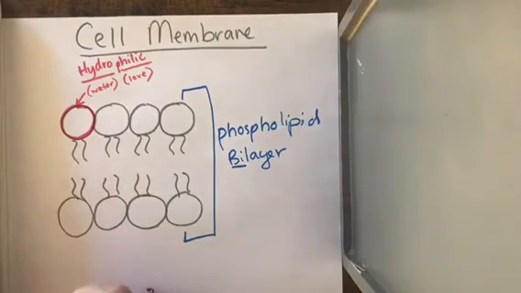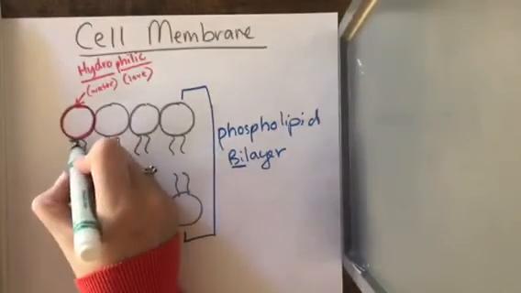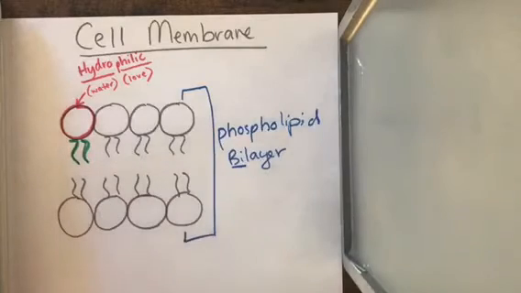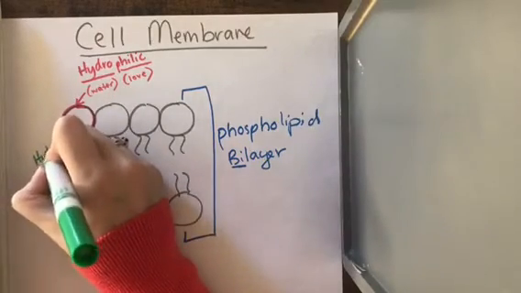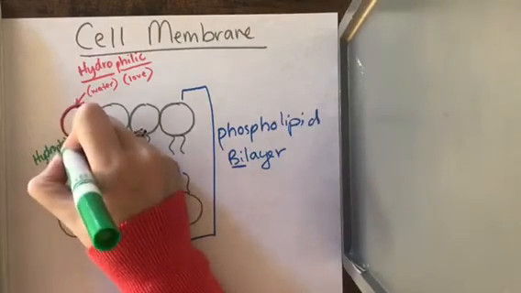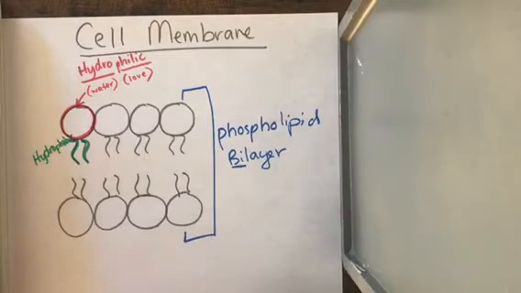Okay, these tails on the other hand, if you remember from last unit, these are the fatty acid tails. They do not like water, so they are hydrophobic. And you can remember that if you have a phobia of something, you're scared of something.